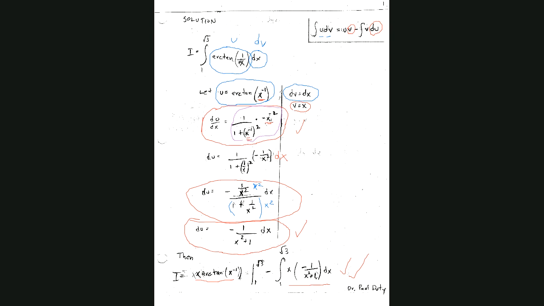I have a question. Oh yes, Kyrie. Why did you decide to multiply the numerator and denominator by x squared? Okay, good question. So on this step here, I multiplied by x squared on the top and the bottom, numerator and denominator, just because I wanted to simplify du. This expression here, I'll circle it in green.